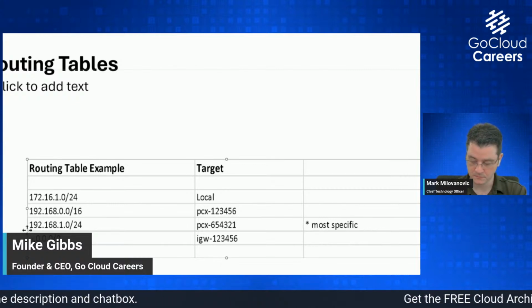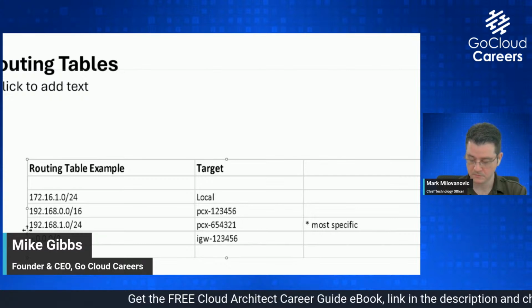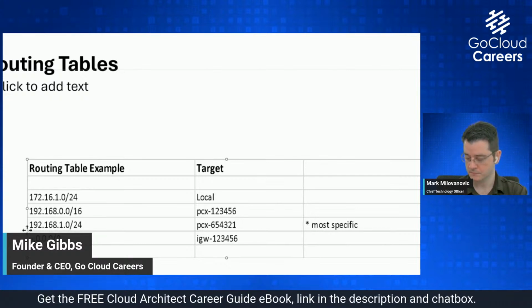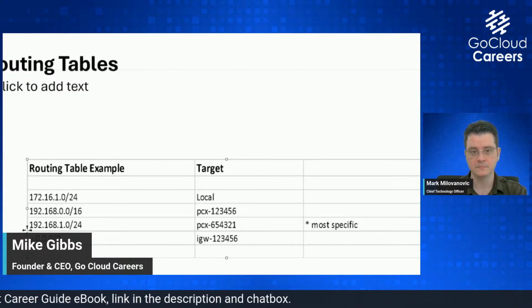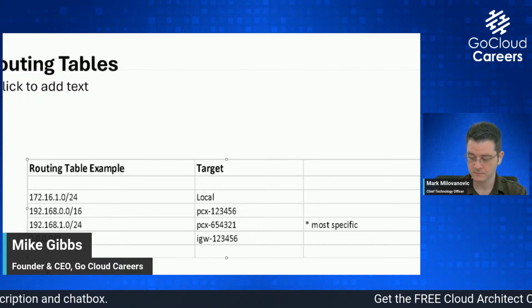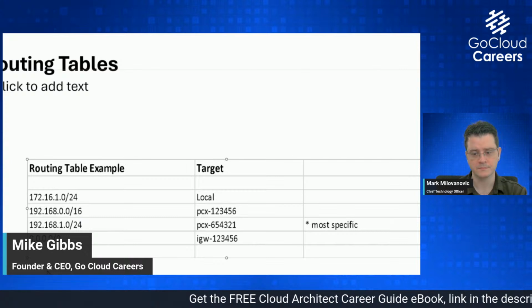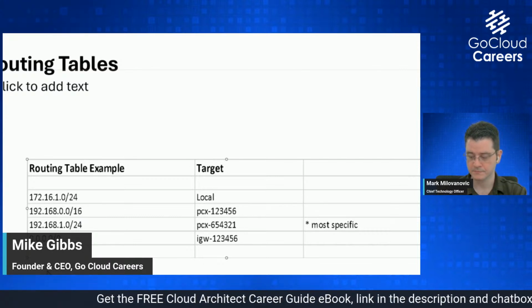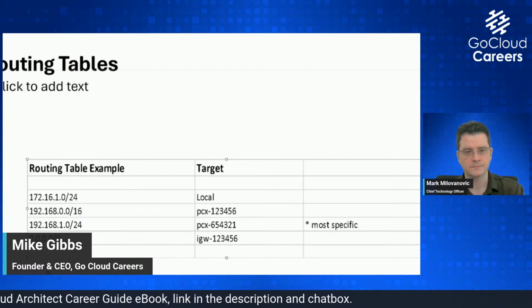But you know what, router, if we want to get to the most specific path, and we're only looking for the 192.168.1.0 subnet, not the aggregate route of 192.168.0.0, choose this interface PCX 654.321. And you'll notice there's this 0.0.0.0. That's what's called the default route. And you'll see this in the network. You'll see this in the data center. And that's a route that says, if you don't know where to go, go somewhere.